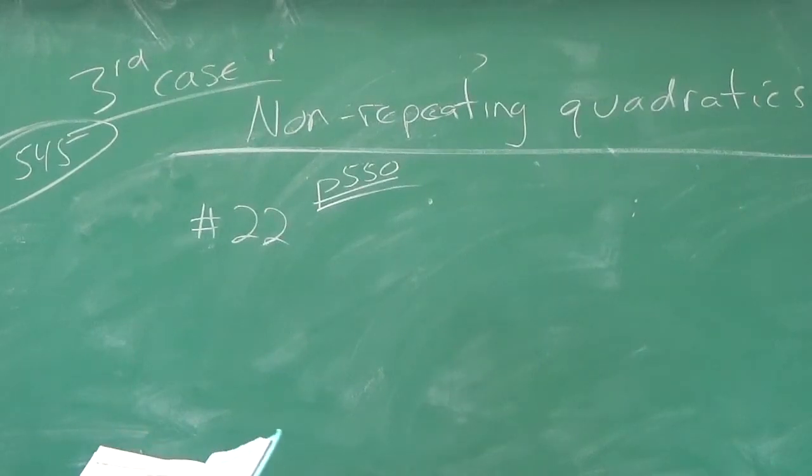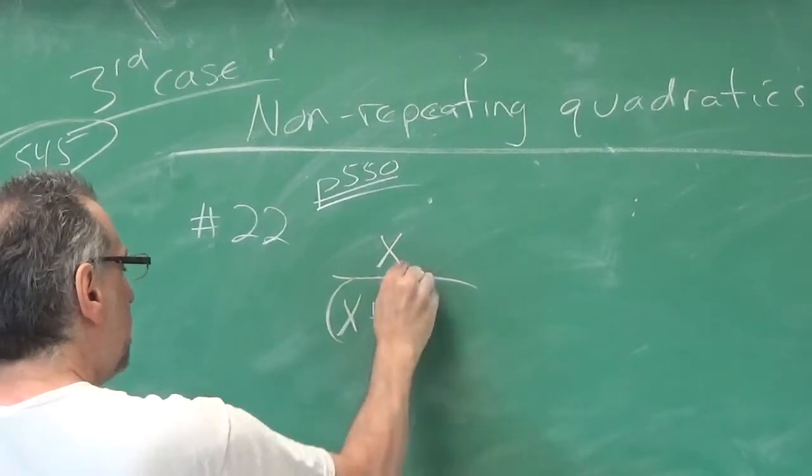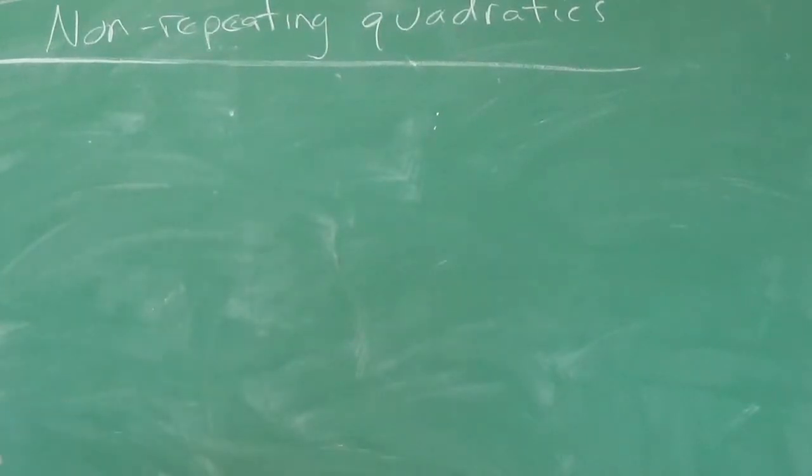We have a non-repeating quadratic example. So we have x over x plus, actually this is repeating linear, sorry, that's no good. That doesn't work. It's a repeating quadratic. That's a linear and a quadratic. Let's see, got to be a good example in here somewhere. Okay, let's look at this one.